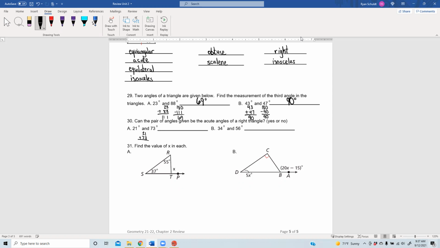What does that give us? It's going to give us 94. Does that equal 90? No. What about 34 and 56? 10, carry your 1, 90. So does this equal 90? Yes.